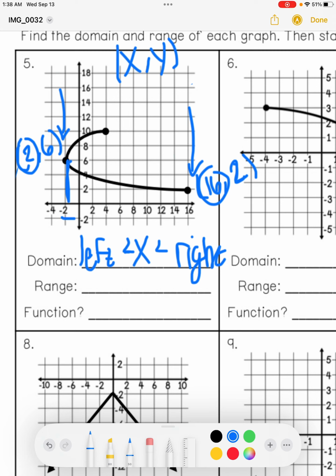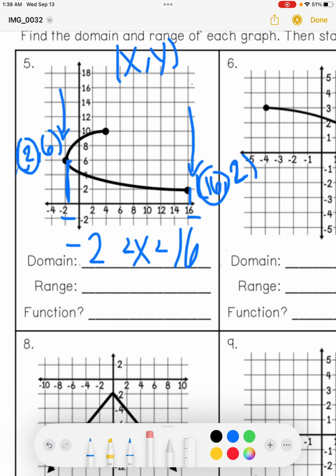I'm at -2. And over here, where am I on the x-axis? I'm at 16. That way you don't have to write the coordinate points every single time. It's just a little bit of a time saver. So I know that my left point is -2, so we're going to replace that. And I know that my right point is 16, so we're going to replace that.